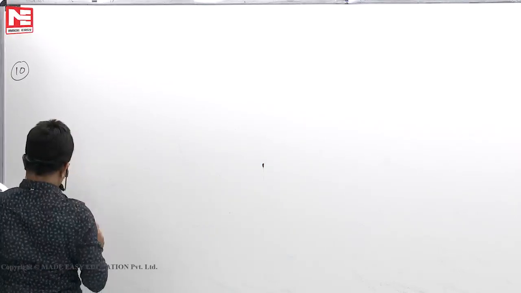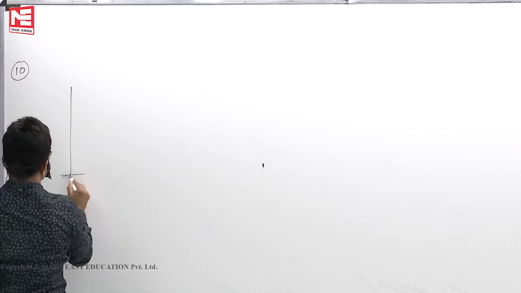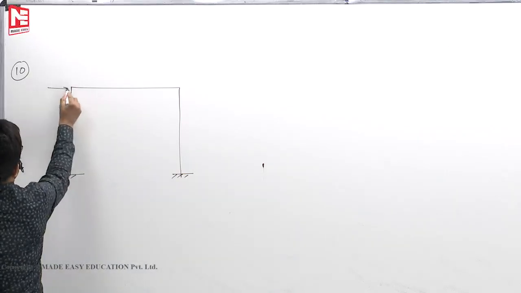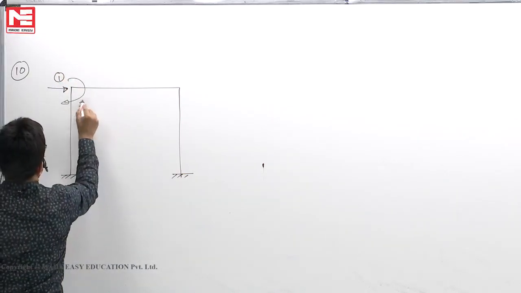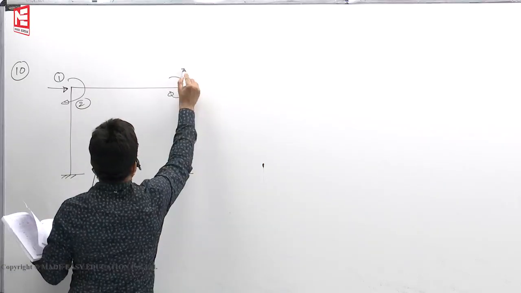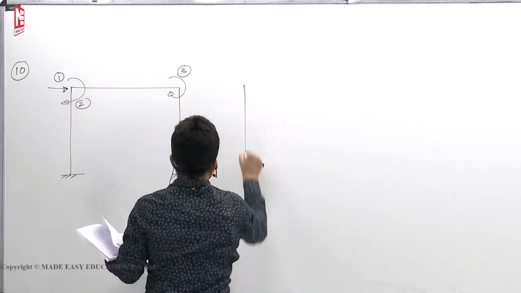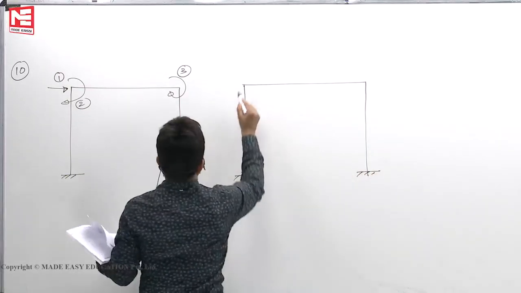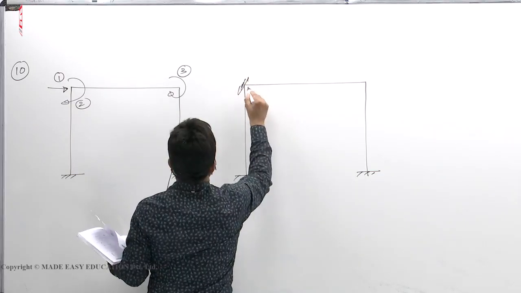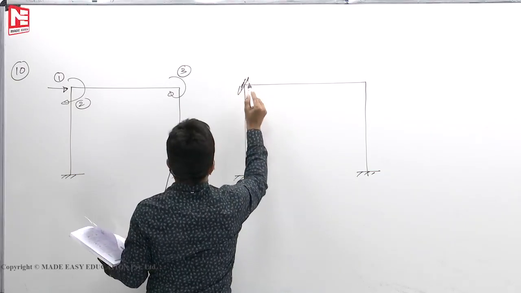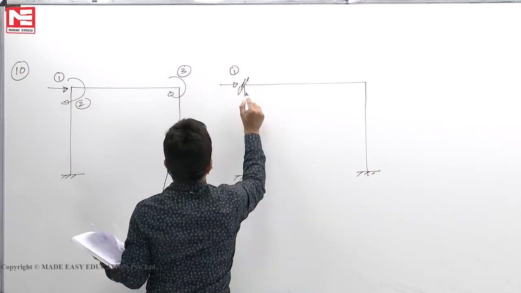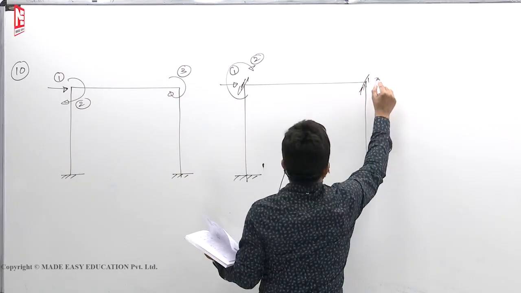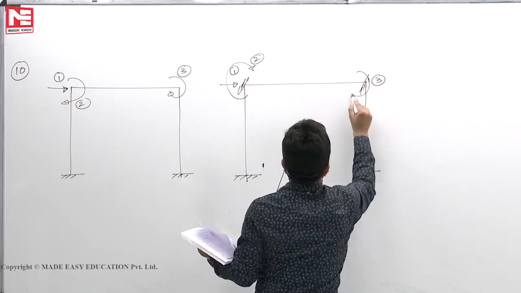What is the value of K23? Only one value we have to find. This is coordinate 1, coordinate 2, coordinate 3. Now symbolic representation of fixing the coordinates. K23 means you should not permit it to sway, should not permit it to rotate. Fix only the rotation. Coordinate 3 clockwise.